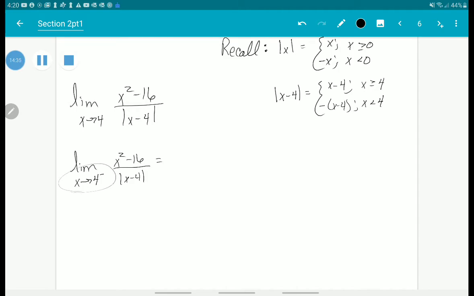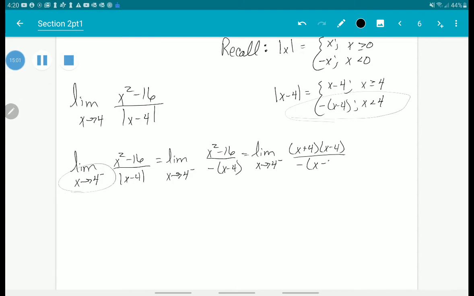approaching 4 from the left means I'm looking at this piece. So I'm taking the limit as x approaches 4 from the left of x squared minus 16 over the negative of x minus 4. And we know we're going to see something reduce. That factors into x plus 4, x minus 4, all over negative x minus 4.